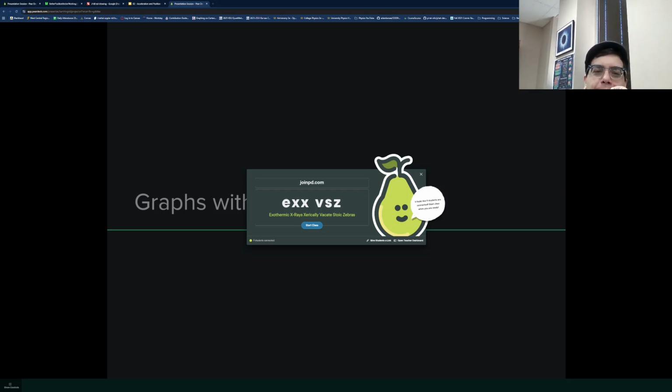Exothermic X-rays. I guess X-rays could be, but no. When would they be exothermic? They're not really reacting. I guess you'd have photon-photon scattering between X-rays, in what kind of medium would that take?